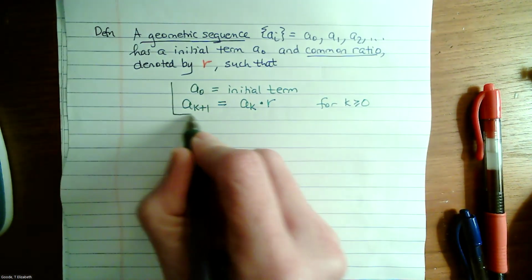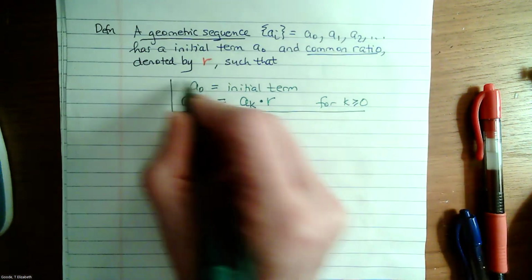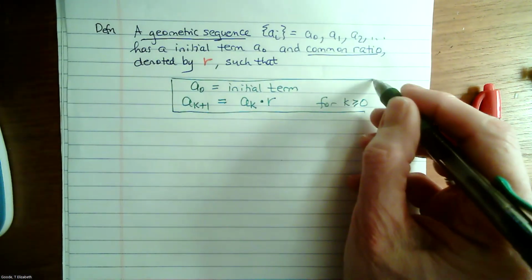So this is the way that we generate the terms of a geometric sequence. We multiply by R.